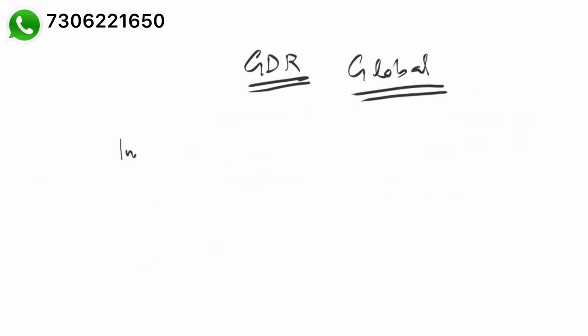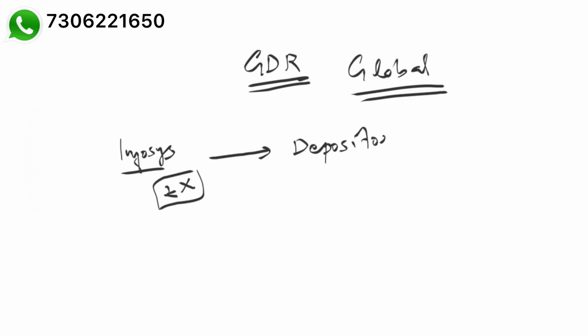Let's discuss Global Depository Receipts in general, taking Infosys as the example. Its share has a cost of X rupees. Infosys can approach a depository bank of the country where it wants to issue the security. In the case of the US, you can take the example of Lehman Brothers as a depository bank.